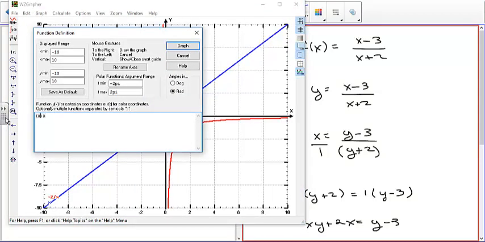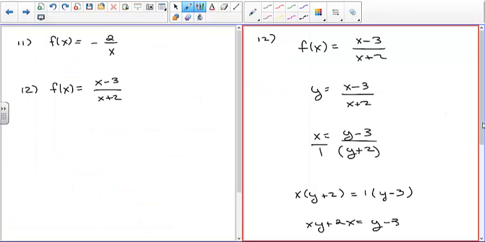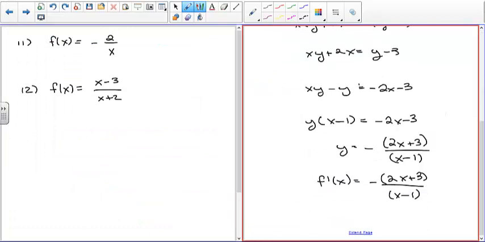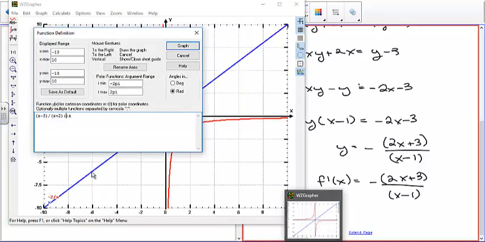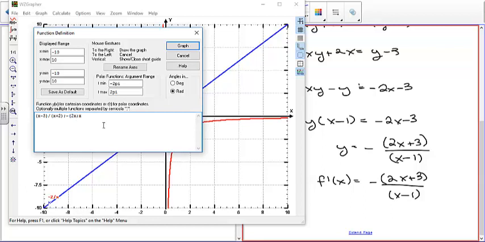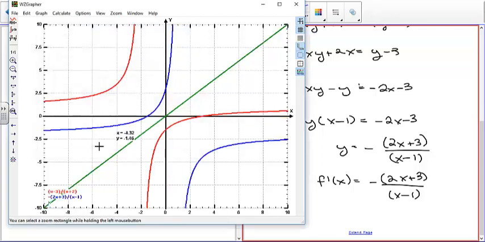So you've got x minus 3 divided by x plus 2, and the second function, which is the inverse, is going to be negative, the quantity 2x plus 3, close parenthesis, divided by x minus 1, close parenthesis, and we graph that, and there you see it.